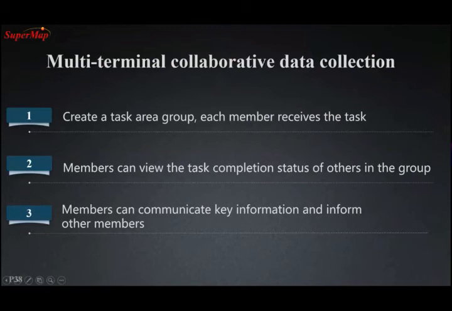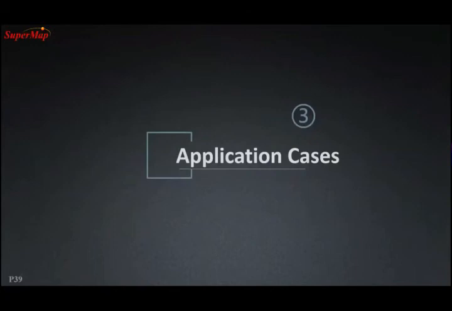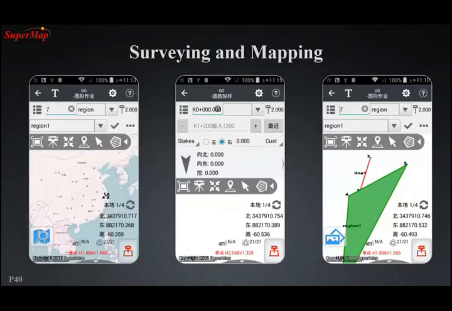So after we know the main features of the real-time data collection, now we can start to have a look at what kind of cases we have used before. So here, the first one is about some basic data collection. We can connect a field survey and even connect some hardware to collect the data.